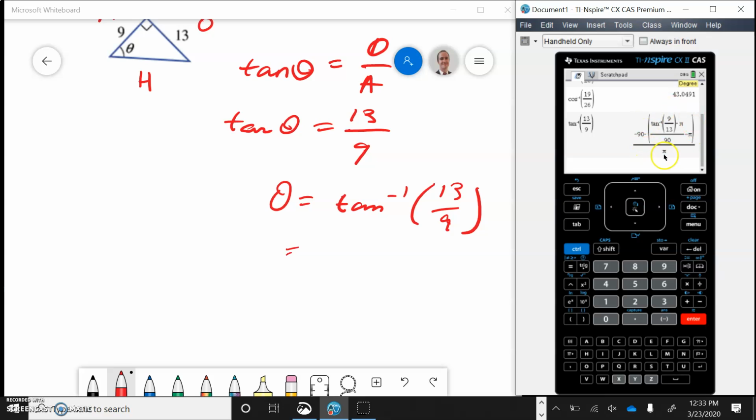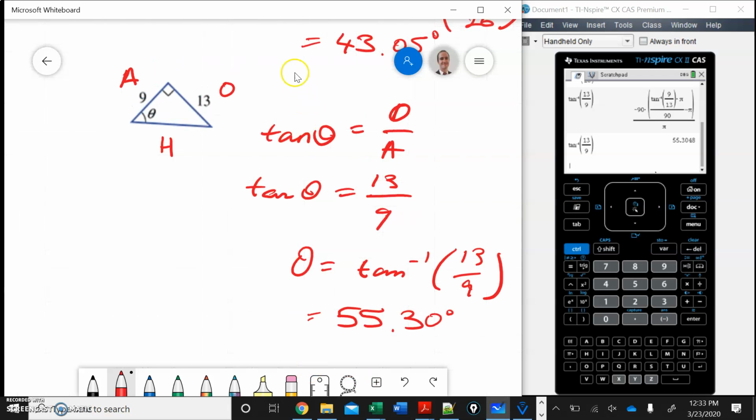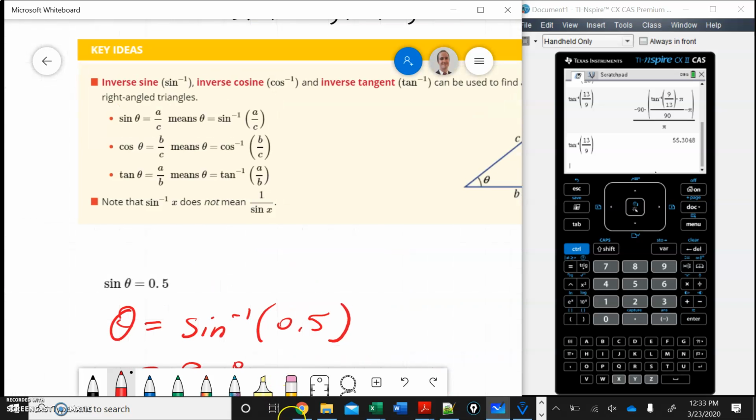That's given us a pretty messy looking answer, so we press Control Enter to get it as a decimal. That's our answer there, 55.30 degrees. And that's how we find an angle using trigonometry in right-angled triangles.